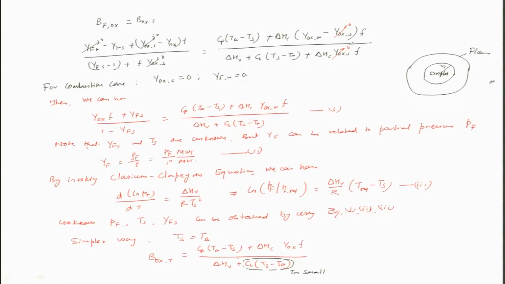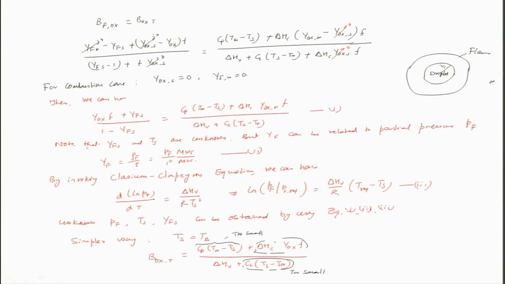Similarly, this term, that enthalpy change, is also too small as compared to heat release, because T infinity to Ts will be very small, because heat release will be much higher. So, this is also too small as compared to this term. See, always comparison.